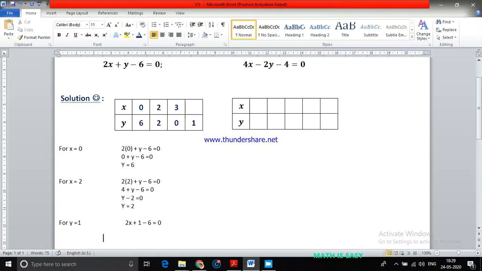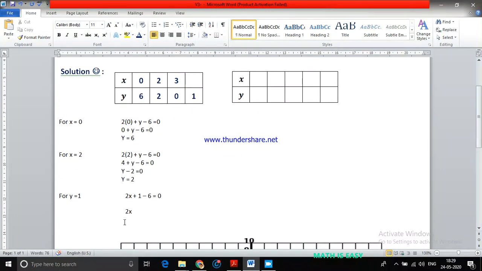Then you will get 2x, 1 minus 6 is minus 5, equals 0. If I simplify this equation, I'll end with x equals 5 upon 2. 5 by 2 is 2.5. So representing the decimal number 2.5, okay, I can still represent that.